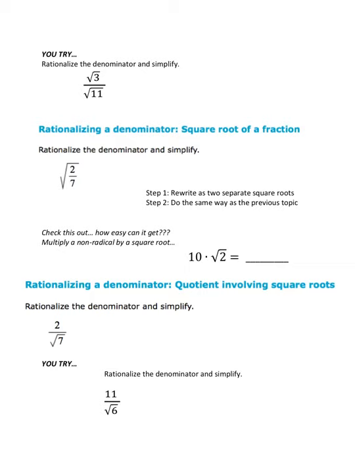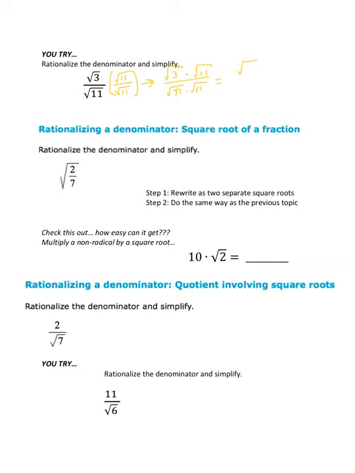Now we're going to rationalize this one. Rationalize this denominator and simplify. And simplify means if you can take out any common factors, take out any common factors. Okay, if you look at this, radical 11 or the square root of 11 is in the denominator. So you multiply the entire thing by the square root of 11, which becomes the square root of 3 times the square root of 11 over the square root of 11 times the square root of 11.